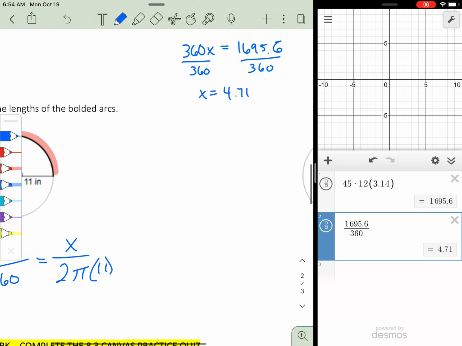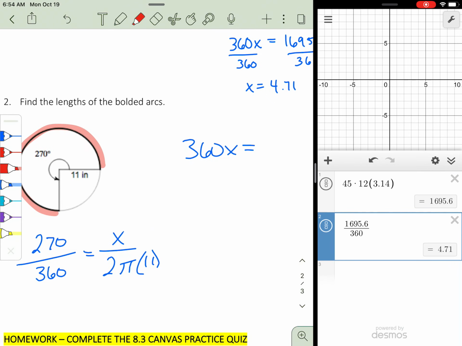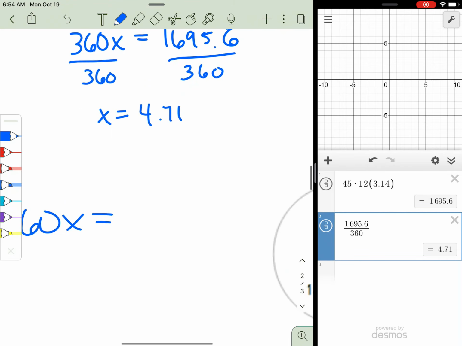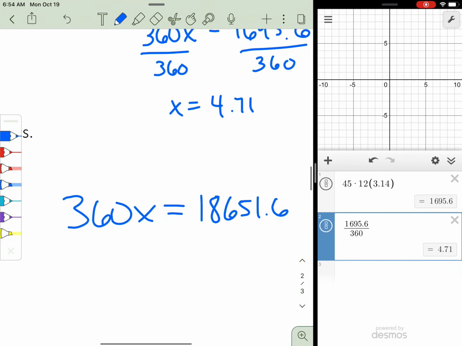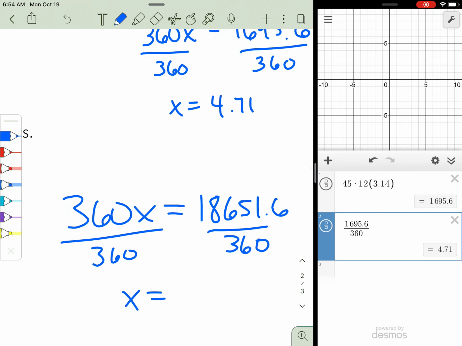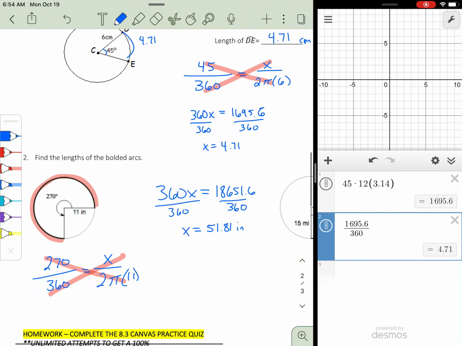So 360x equals, when you cross multiply and put it in the calculator, 18,651.6. Divided by 360, x is about 51.81 inches.